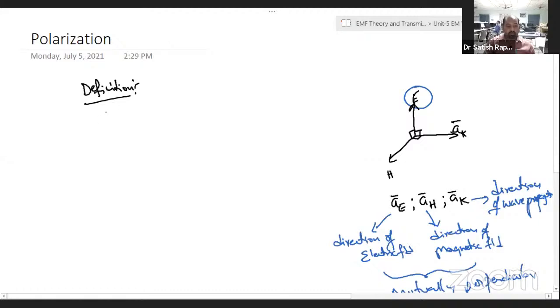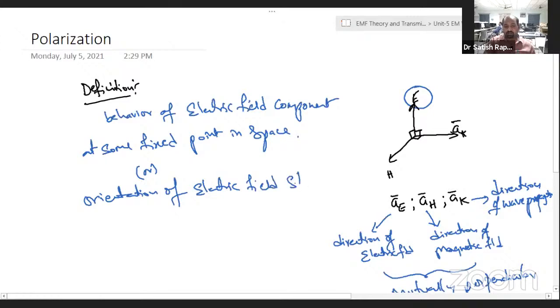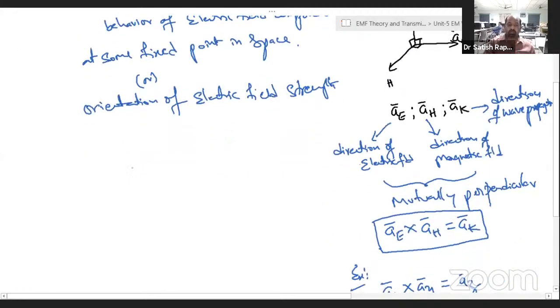So therefore, behavior of electric field component at some fixed point in space is called polarization, or orientation of electric field strength in space with respect to time, right?